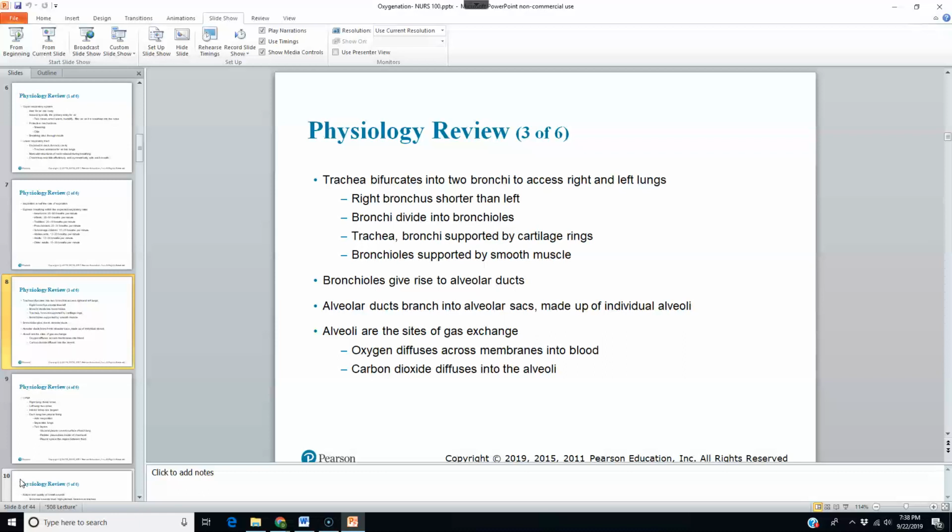And remember, as we look at the bronchioles, they are supported by smooth muscle only, and they can dilate and constrict in response to autonomic nervous system regulation of those smooth muscles that support them.